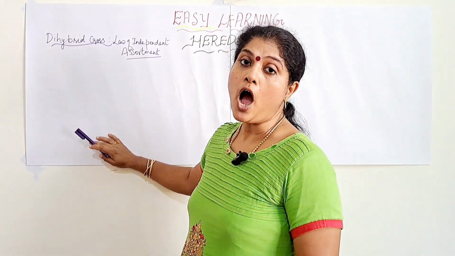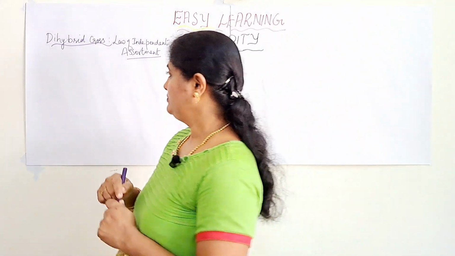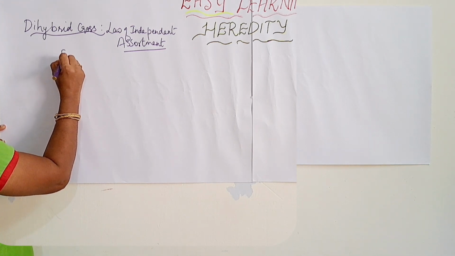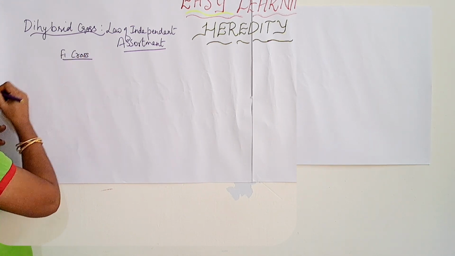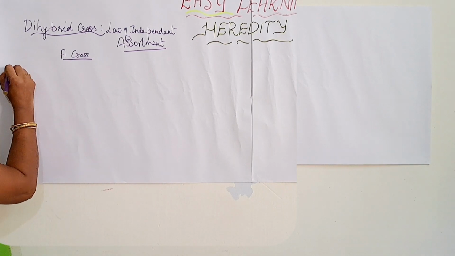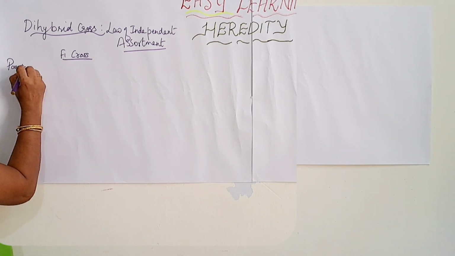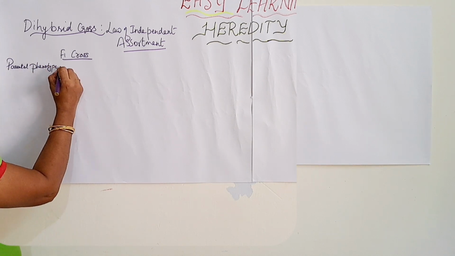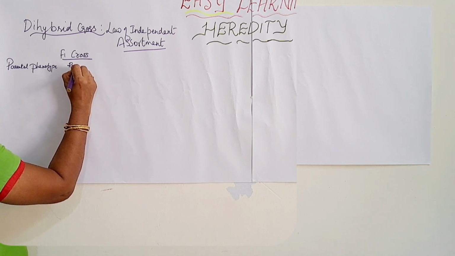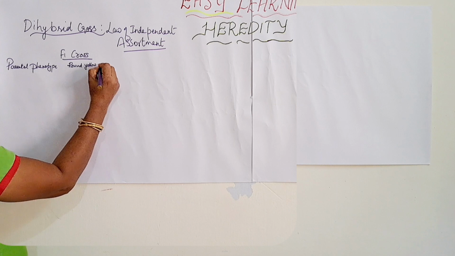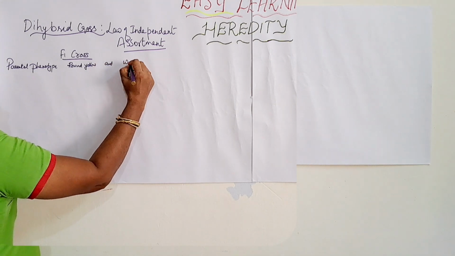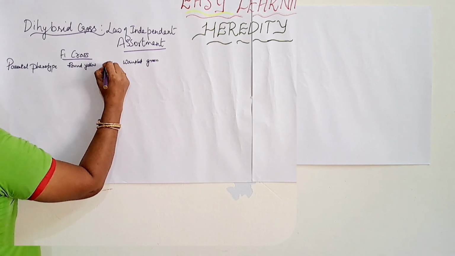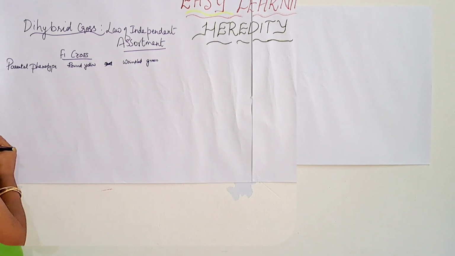Now we will see how the cross can be written. First one, the F1 cross. Here in the parental phenotype, he has taken round yellow and wrinkled green.